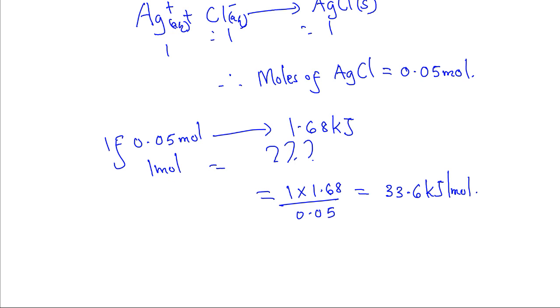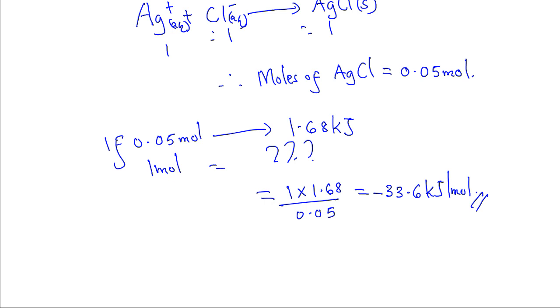Since it is an exothermic reaction, energy released, the value is negative. So that is the molar heat of precipitation in this given experiment.